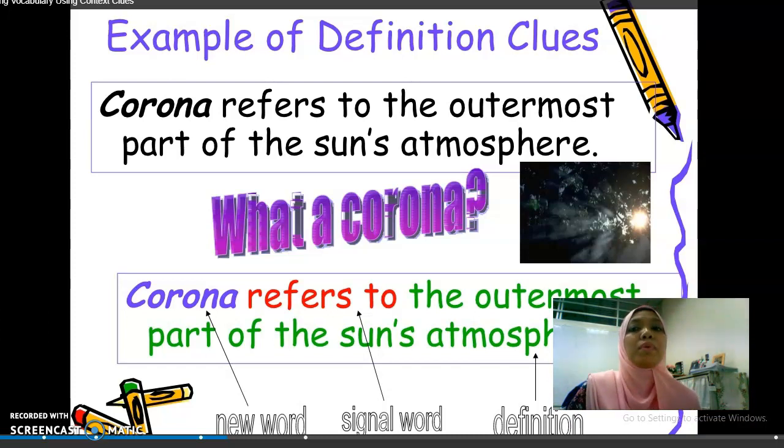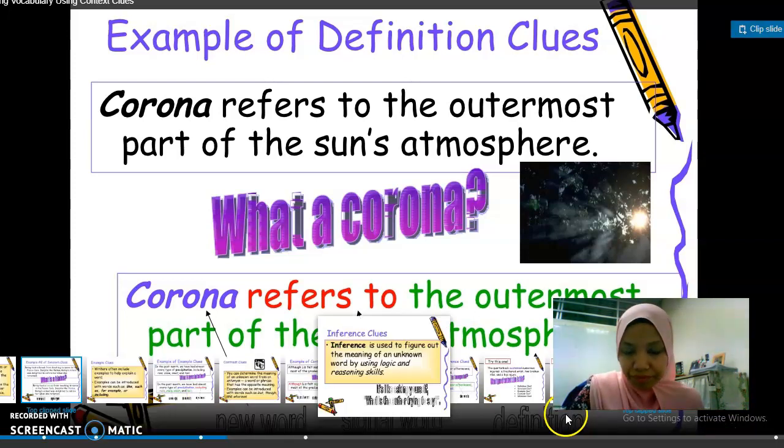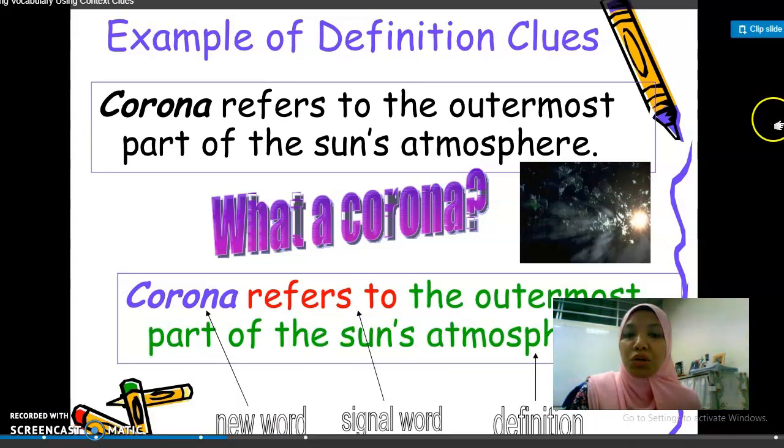The outermost part of the sun's atmosphere. Corona is the new, unfamiliar word, and refers to is our signal word. It signals to us that there's further information given to understand the meaning of the new word, and the definition is the outermost part of the sun's atmosphere.